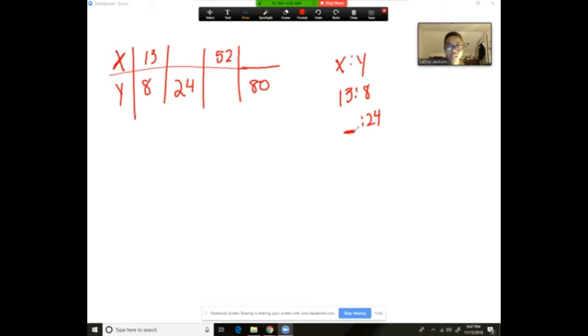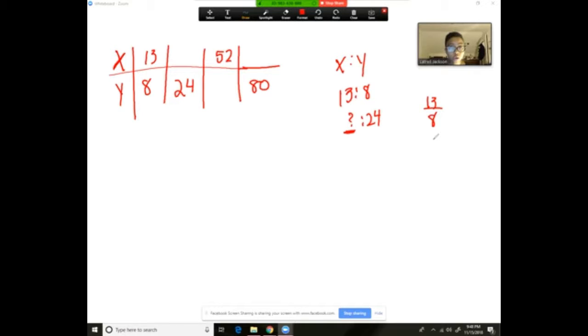We got to figure out what that something is. Looking at 13 to 8, that's actually the simplest form for the ratio. It's 13 over 8, because you can't break 13 and 8 down. They don't have any common factors because 13 is prime.